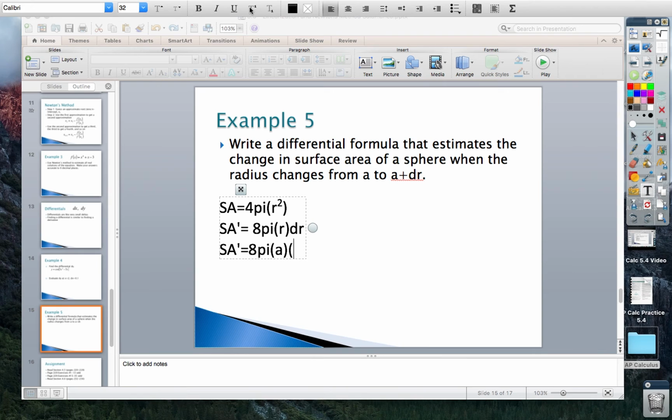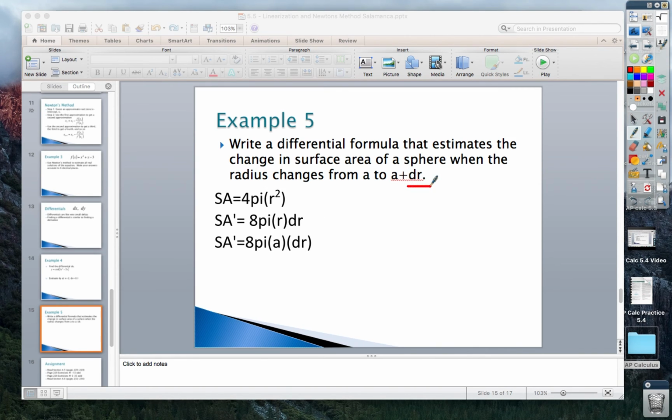So if you look at the change, it's changed from a to a plus dr. That basically means it changed dr much. Notice I substituted this dr because we were given it here in the general formula. If it's a plus dA, then this would essentially say dA. So let me repeat that. If this had a plus dA, then this would say dA here.